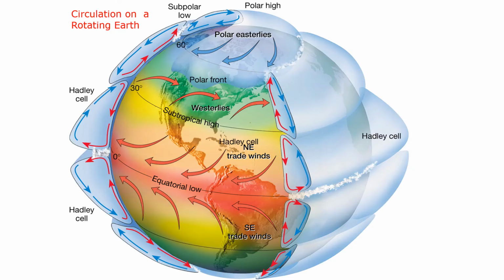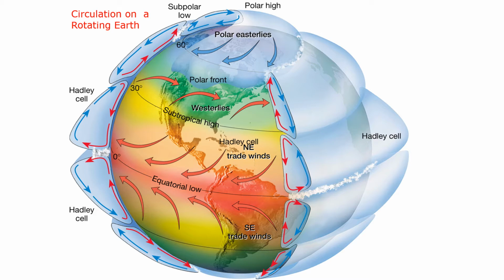Let's look at what the actual circulation looks like because our Earth rotates. We have these thermal highs and thermal lows, and that's what sets the stage for all of this. Remember, Mother Nature abhors the fact that there is more warmth, more solar insolation in the tropical regions than there is in the polar regions.